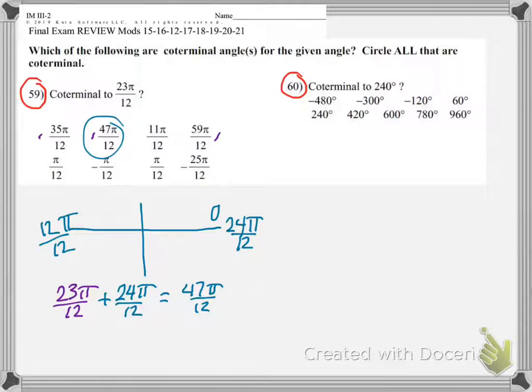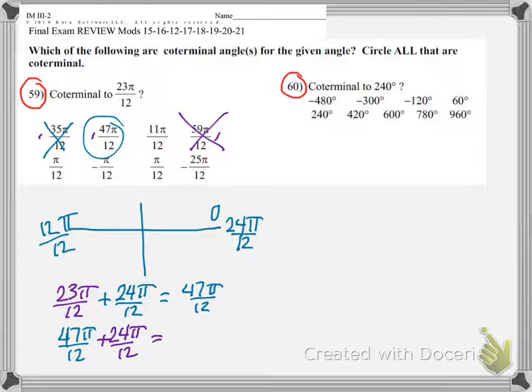Yep. I went from 23 to 47 without passing through 35. Forget the 35. Then I'm going to take that answer and I have one that's a little bit bigger, so I'll add another full circle. But even before I add it, is there any way that 47 plus 24 is going to be 59? No.